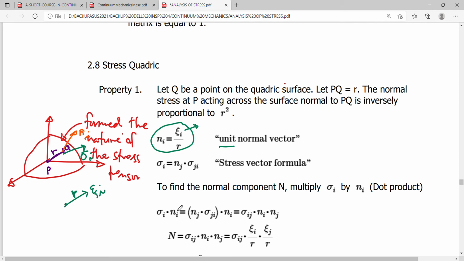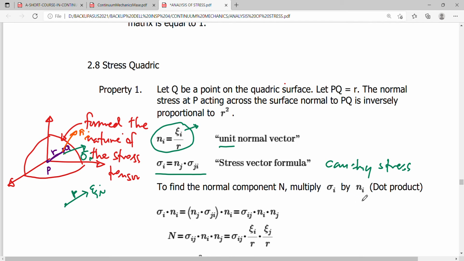For the stress vector formula, this is the one that we have used time and again, the Cauchy stress vector or formula. To find the normal component sigma n, we simply multiply sigma i by ni.